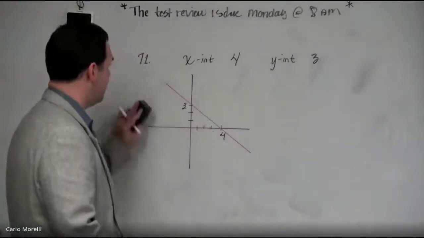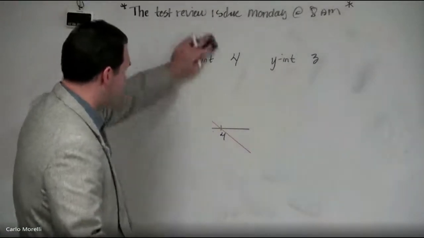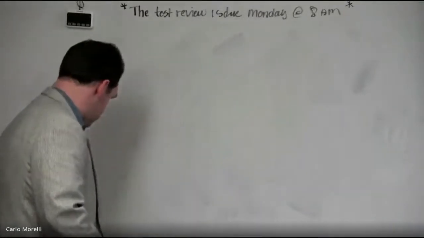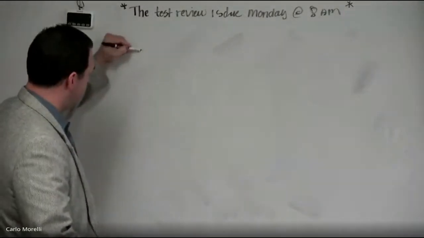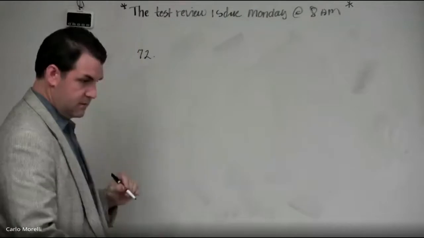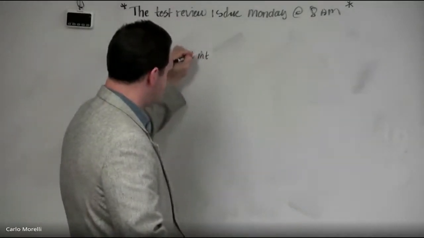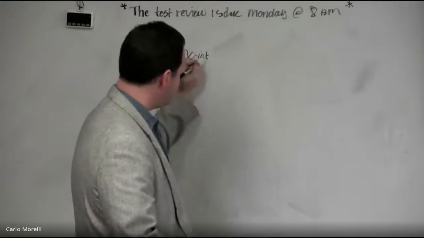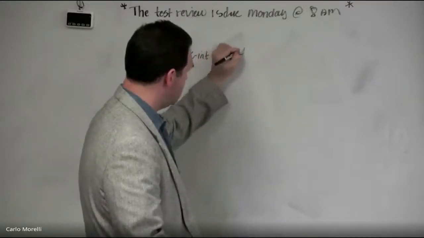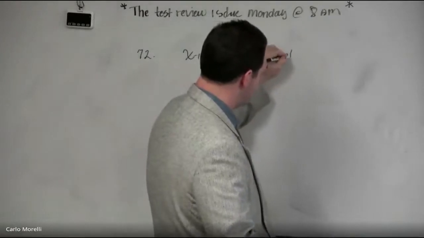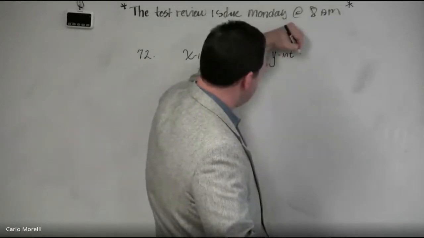Okay. That's number 71. Number 72. I'm given an x-intercept at negative 4 and a y-intercept at negative 3.